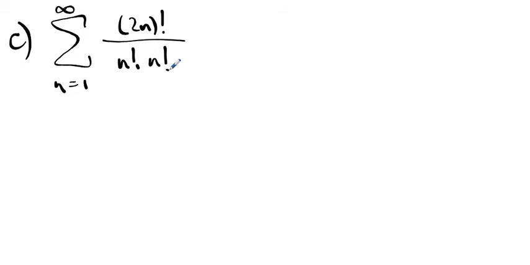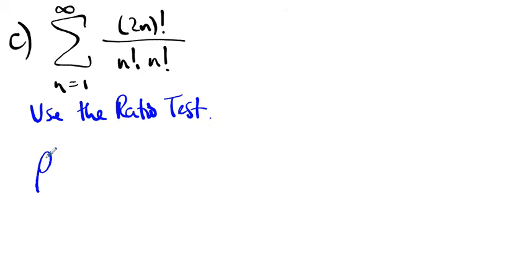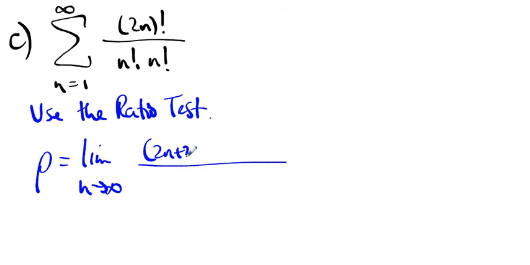Right? Like, what in the world is that? So, again, I want to use the ratio test, and I want to compute rho. It's the limit as n approaches infinity of the n plus 1th term over the nth term.